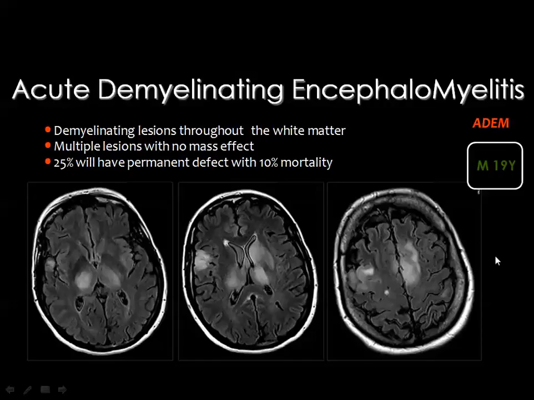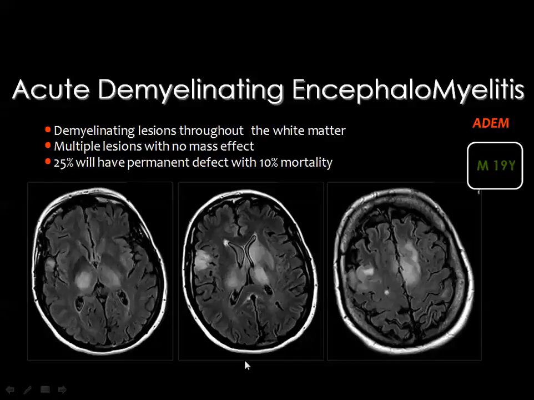And in order to reach the diagnosis, there should be a history of viral infection or flu-like attack or history of vaccination 2 weeks before the manifestations of this viral infection. And this will help you to suspect that this infection is due to ADEM, or acute demyelinating encephalomyelitis.